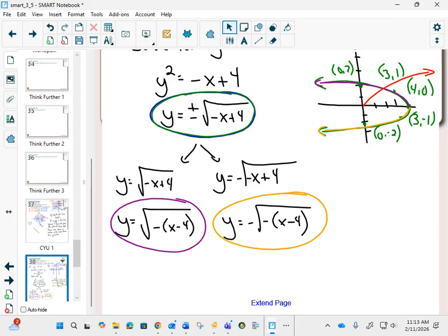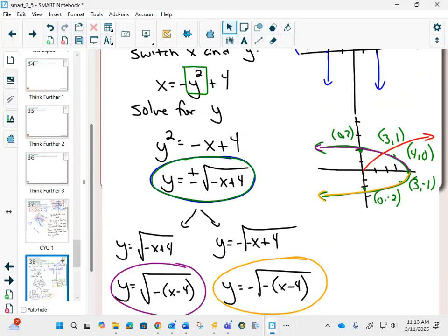Can you see first flipping it vertically, then flipping it horizontally, and then moving it 4 to the right? You see that it would match up with the orange graph. Both flips, and then move 4 to the right, would match up with the orange graph.